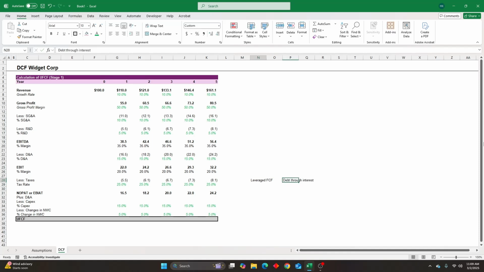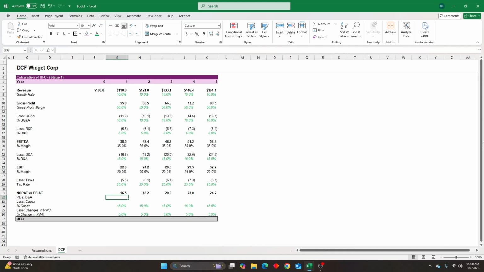So if you've already taken into consideration the debt, all of the residual is just to equity. So all that's left over is to equity, and so you'd use the cost of equity as the discount rate. And your end result is going to be equal to your equity value, not your enterprise value. So not the value of the whole company, but just the value attributable to equity holders.